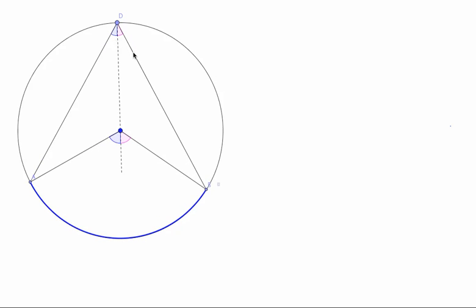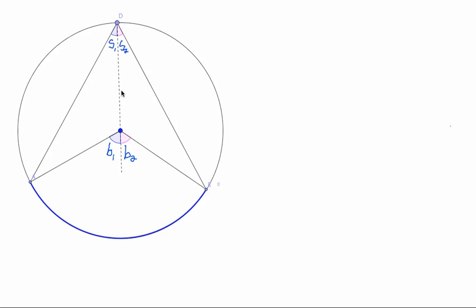Instead of calling it S, we'll call it S1, and we'll call this one S2. And down here we'll call it B1, and then we'll call this one B2.